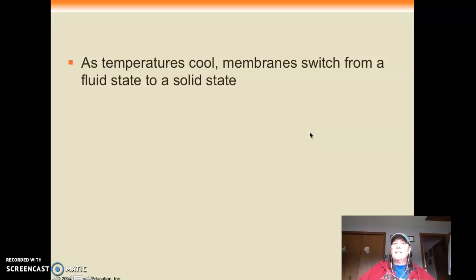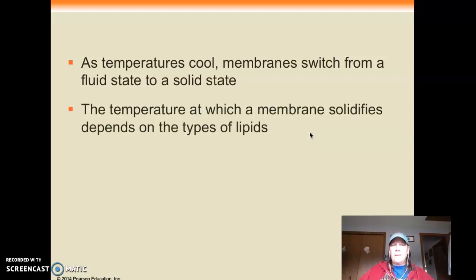As the temperature cools, the membranes are going to switch, just like most things, from a fluid to a solid state. So the membrane solidifies. It depends on the lipids, because remember, if it's a saturated one, it's going to be a solid at room temperature. If it's an unsaturated one, and that just means it has double bonds or triple bonds, more than one of those, then it's going to be a liquid at room temperature.